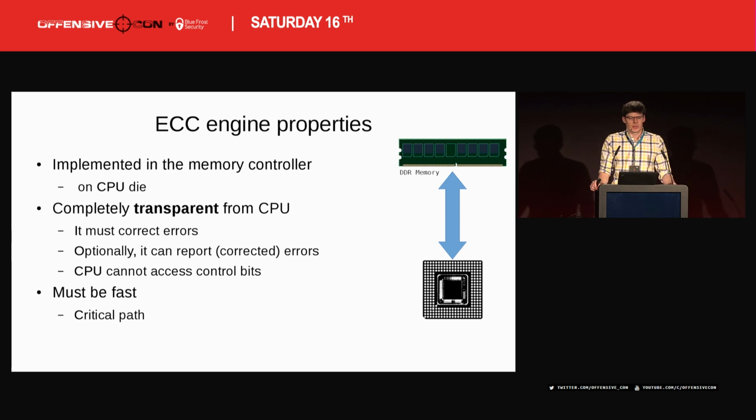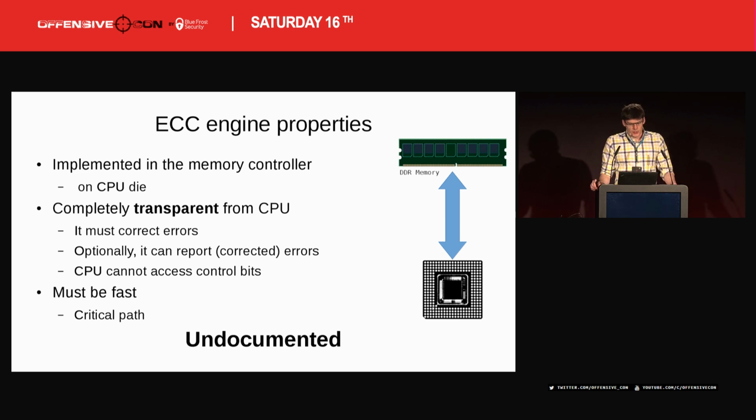Another property is that, optionally, for reliability and high availability in servers, you would want to figure out when errors are actually corrected. For example, if you have lots of errors within a certain DIMM, maybe it's time to replace that DIMM. So this is a good practice. And also it must be very fast because this is on the critical path, and the data is not too useful if it has uncorrectable errors in it. So you want to detect this, act on it, and implement it very fast.